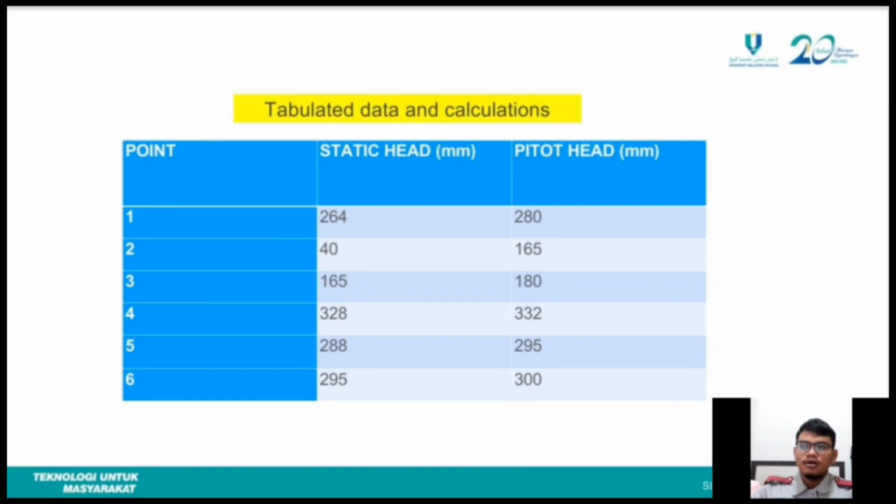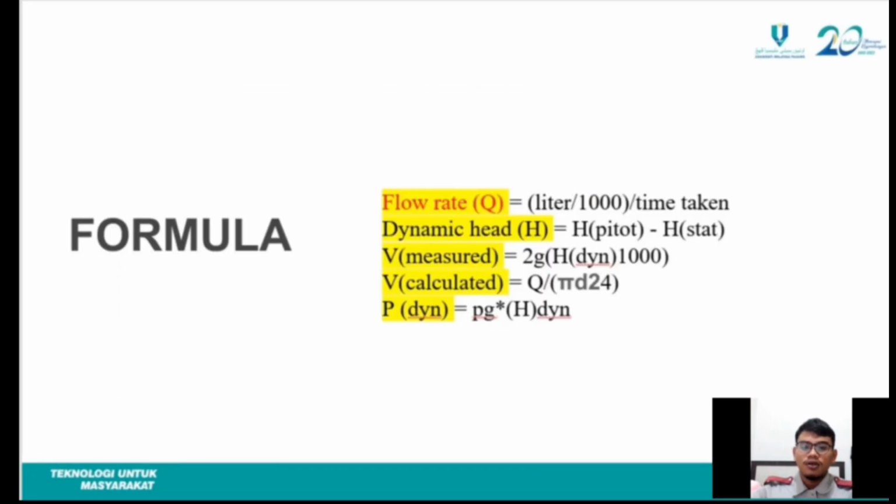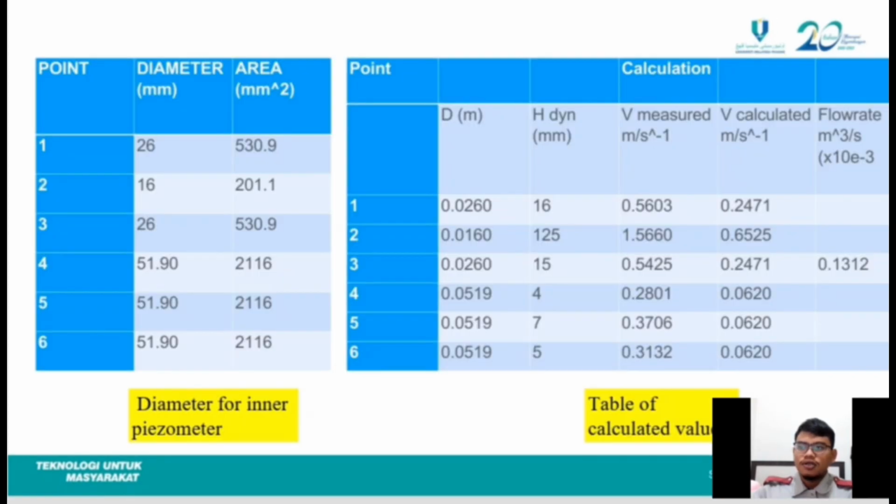And then we go to the formula that we use in the experiment, that is flow rate and dynamic head, and we measure and we calculate. And from the formula we got the table that is calculated.